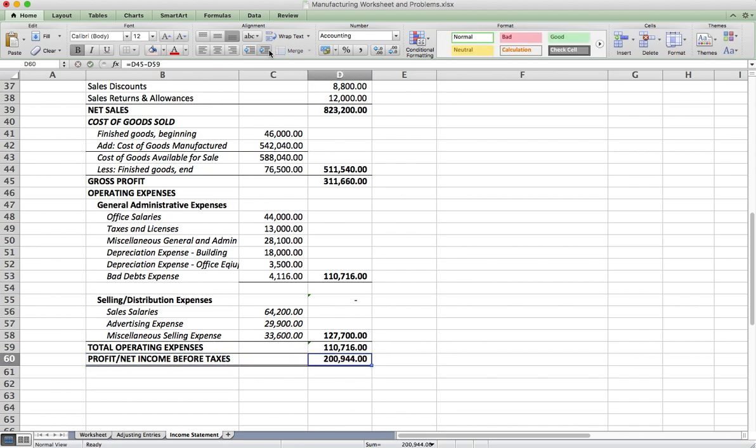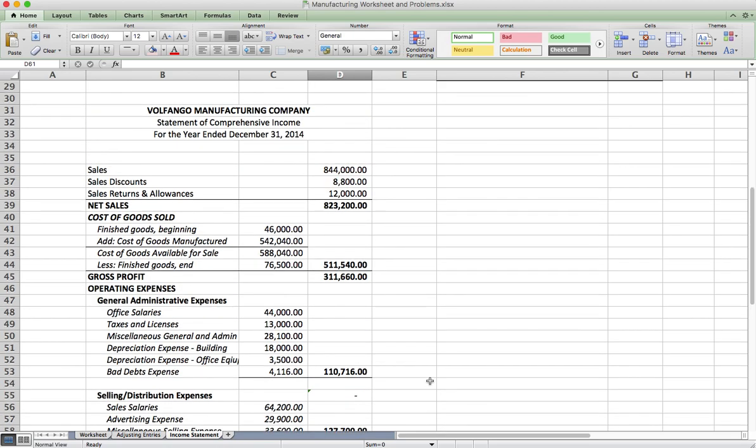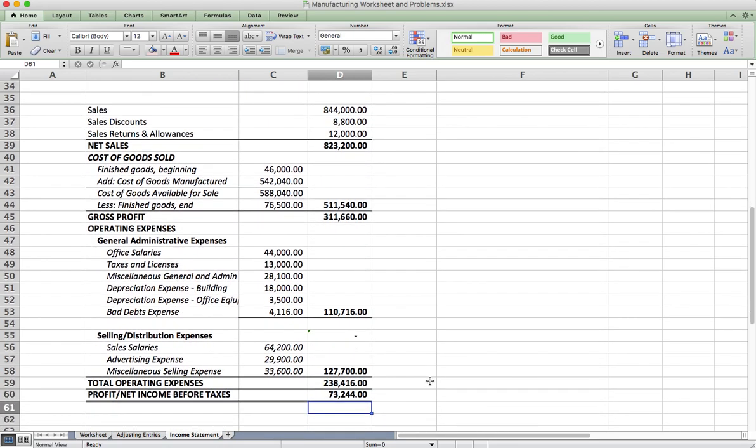So, ito, syempre, pag na-total mo yung operating expenses mo, what is our total operating expenses? 238,416. And, saan mo na ngayon kukunin yung profit mo? Yung gross profit less total operating expenses. Yan. And we still get the same value. Magkaiba lang yung pagkaka-present.